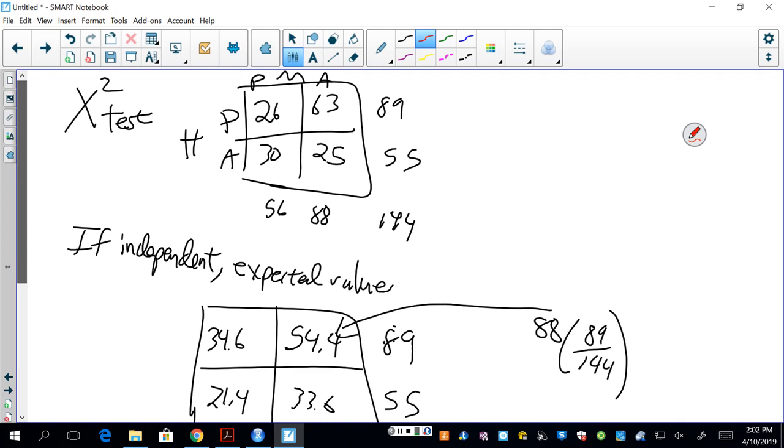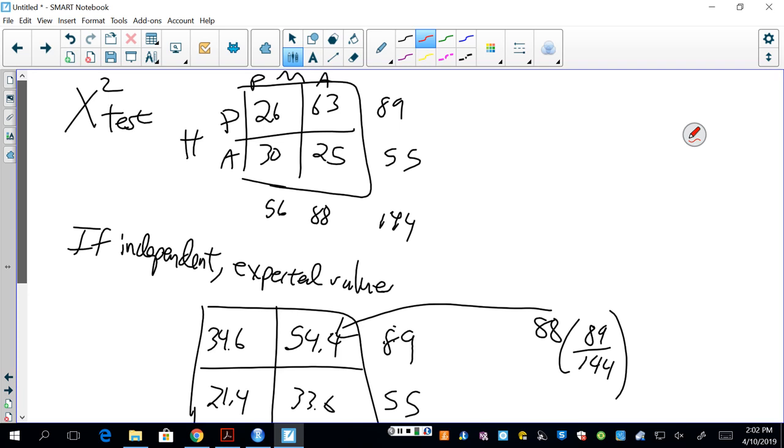Where do we have less? Where absent is equal to present. So this is where they're the same, both present, both absent, right? So we expect about 34 on each of those, right? But we only have 26 and 25.